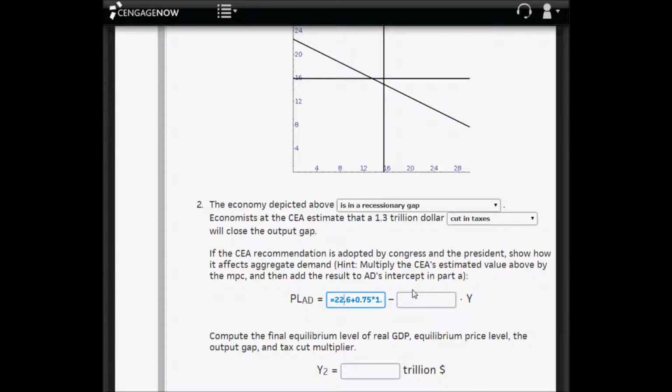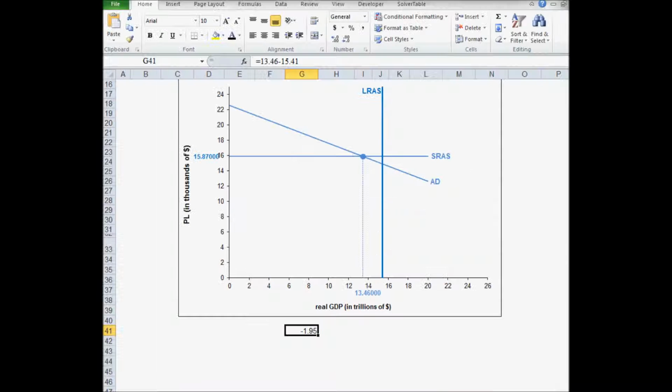So we have the initial aggregate demand intercept plus 0.75 times the tax cut. And I'm going to copy this into Excel to compute that value.